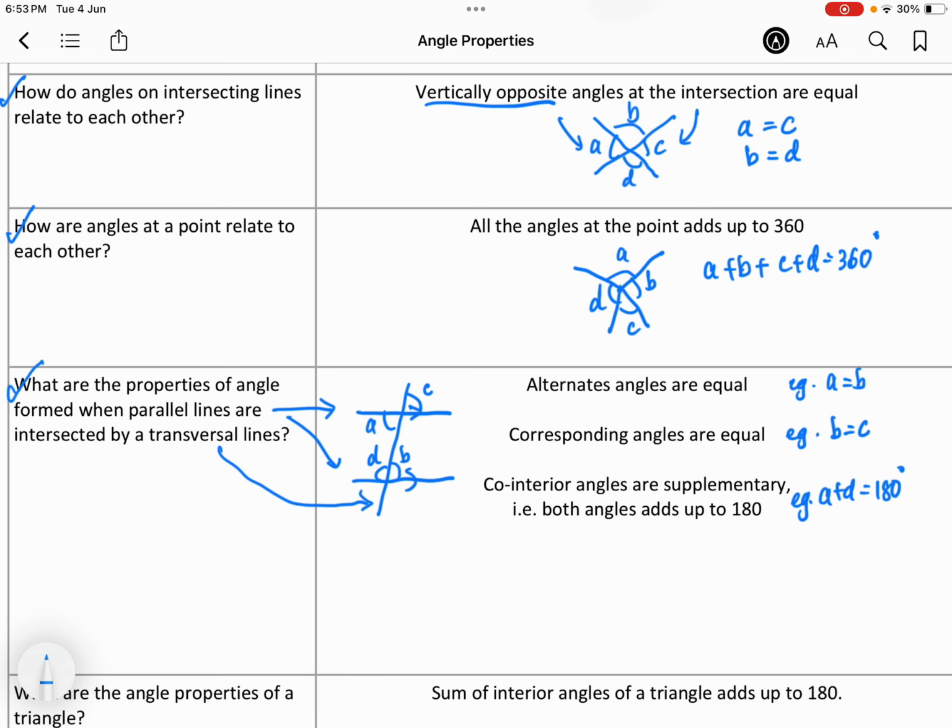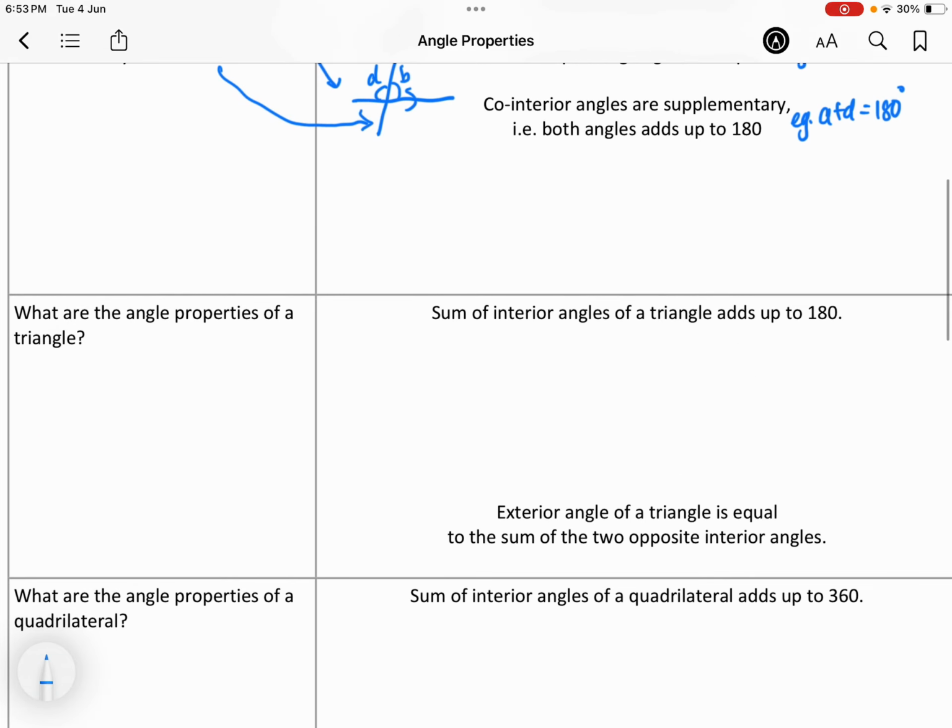Okay, so that's done. How about the angle properties of a triangle? The sum of interior angles of a triangle adds up to 180. You can have an equilateral triangle or an isosceles triangle or a right angle triangle or just any random triangle with no equal sides or angles.